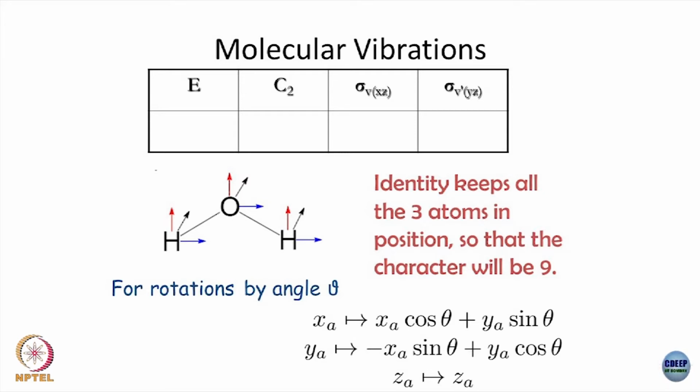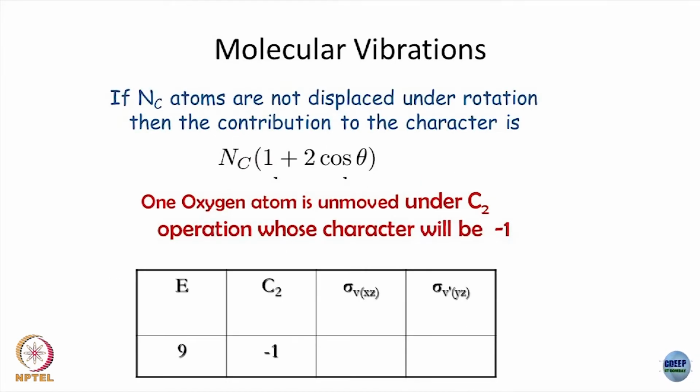So, if you write the matrix which does this transformation and find the trace, the trace will give you 2 cos theta, and there will be a 1 for the z. So, it is exactly 1 plus 2 cos theta for an atom in the molecule.